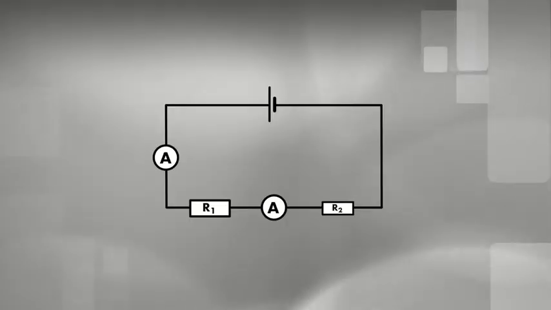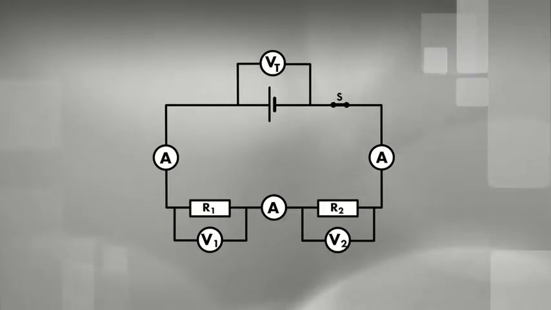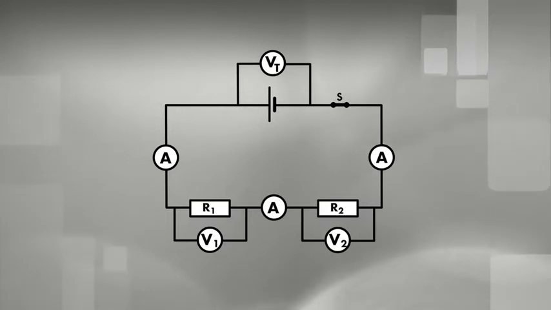Here is a diagram of two identical resistors connected in series. When the switch is closed, the ammeter reads the current through the circuit. The readings on all the ammeters are identical because the same current passes through all the components of a series circuit.